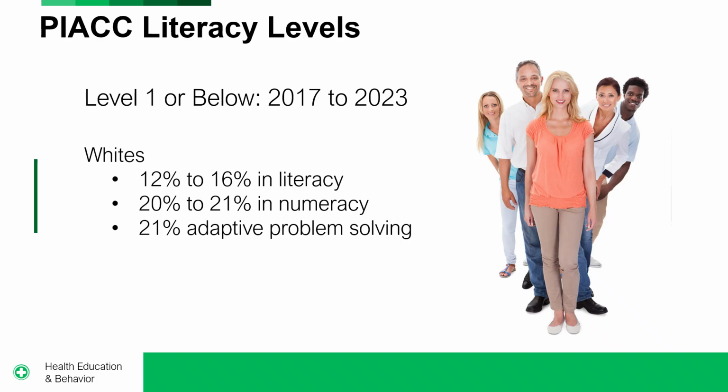So for whites, it went from 12% to 16% in literacy, 20% to 21% in numeracy, and 21% in adaptive problem solving. Note that adaptive problem solving was first done in 2023, so that is the baseline.